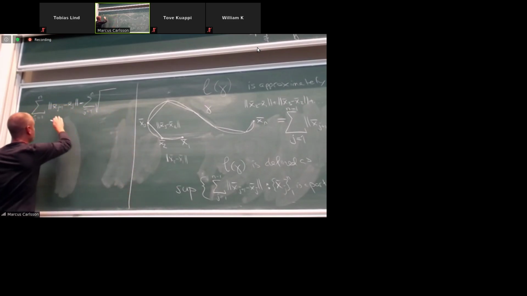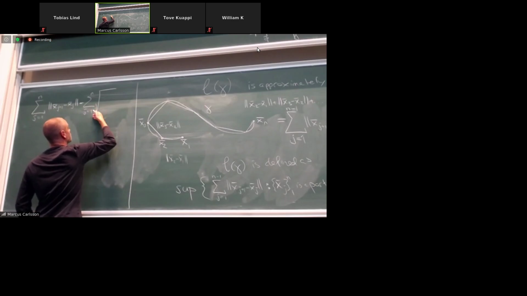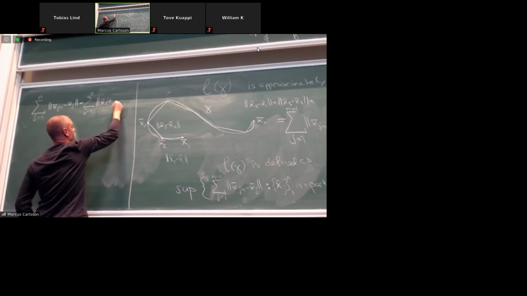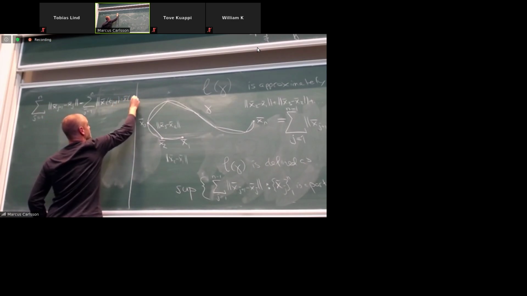So instead of xj plus 1, let's do it like this. I can write this as the parameterization x evaluated at t_{j+1}, minus x at t_j.